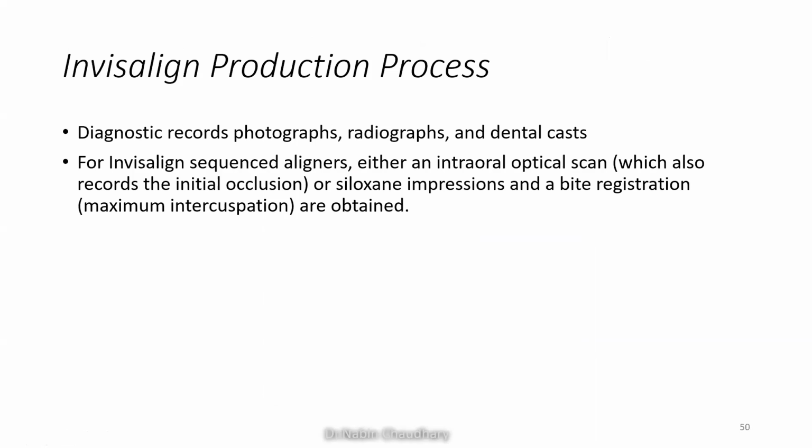Now let's go to the Invisalign production process. For the Invisalign production process, the same diagnostic records as with fixed orthodontic treatment are required. That is, record photographs, radiographs, and dental casts are generally taken.